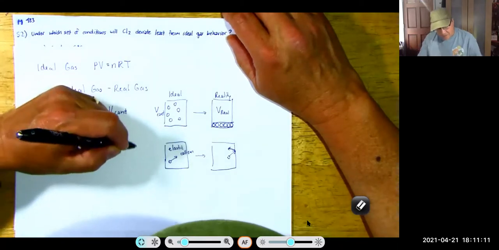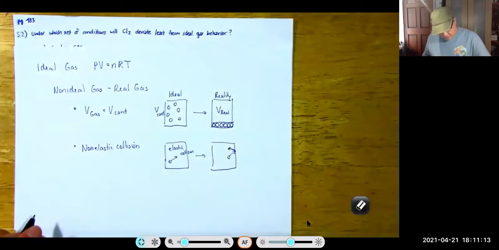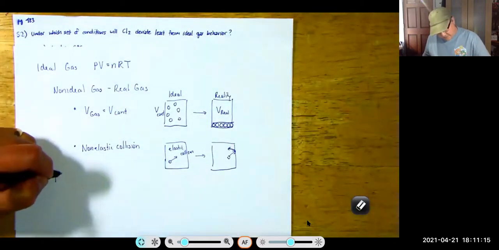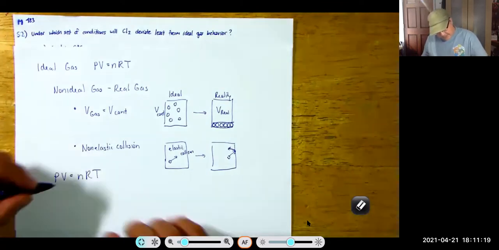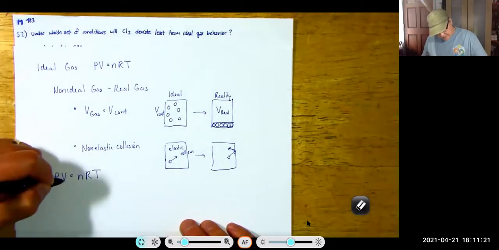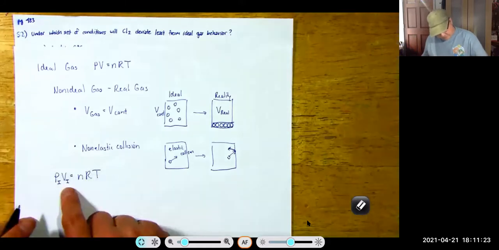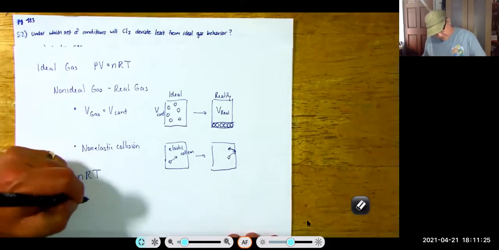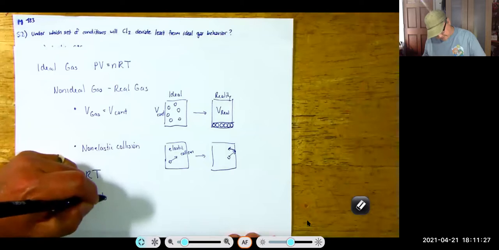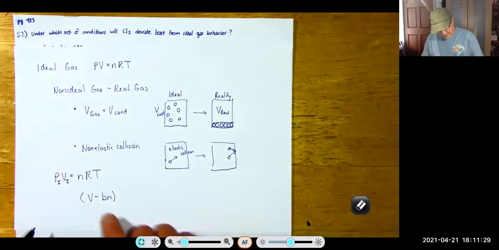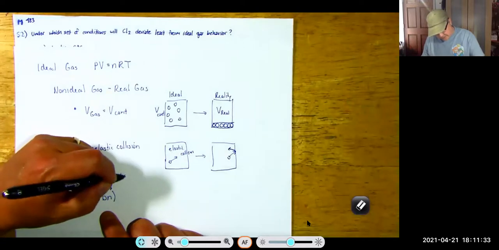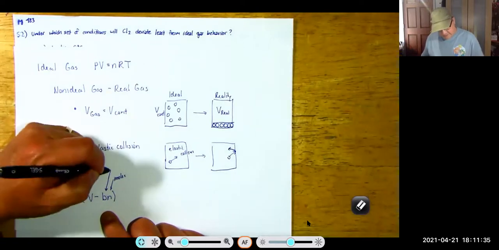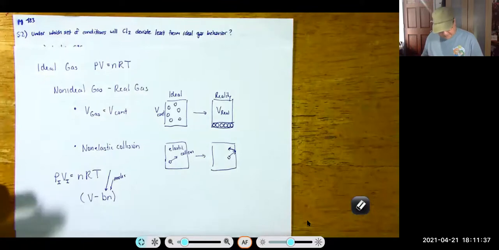Now, there have to be corrections for this. So when we look at PV equals nRT, and this is ideal, we have to have a correction for the volume. So the volume is V minus Bn. So what is B and n? n is the moles of gas, and B is a factor that depends on the gas molecule.